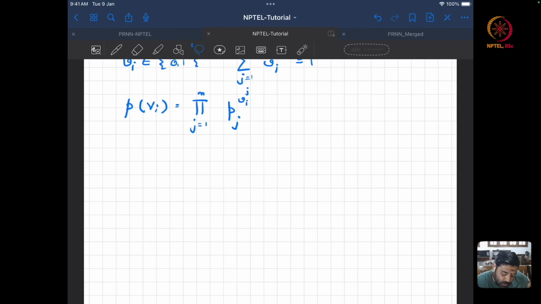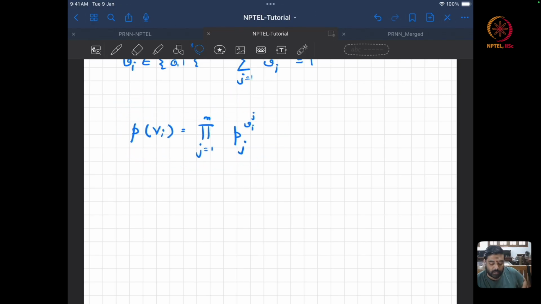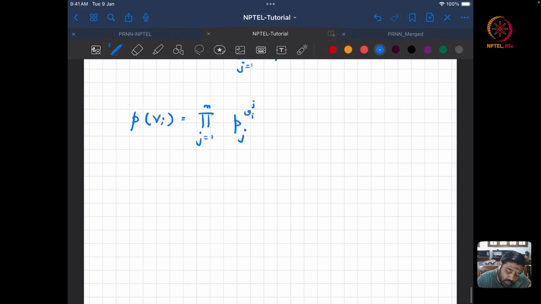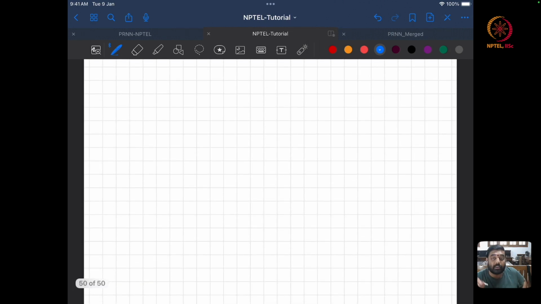Maybe I need to just take it one line down. Superscript and subscript, please look at it. Now what is it that I have to do? Now this is for one point. I have to consider all the points and then take the log likelihood, the standard recipe.